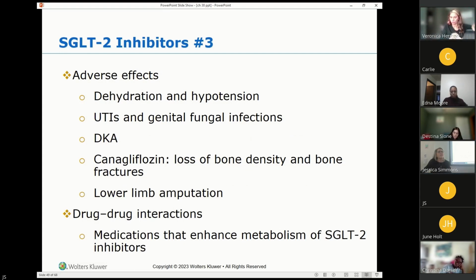Yeast loves sugar. When you use yeast in bread and dough, you have to feed the yeast, and we feed it with sugar. Okay? So if you have a lot of sugar in your urine, you are at a huge risk for yeast infections, okay, and UTIs.